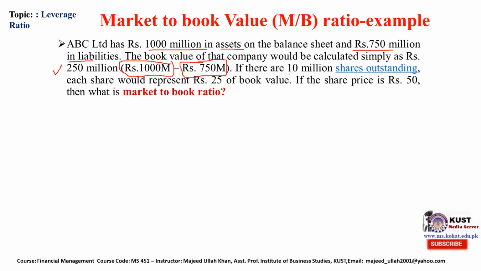If there are 10 million shares outstanding, each share would represent 25 of book value. How 25? This 250 million rupees value will be divided by 10 million outstanding shares.